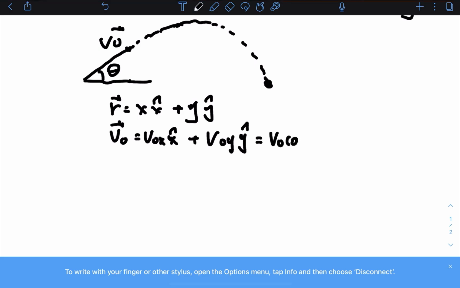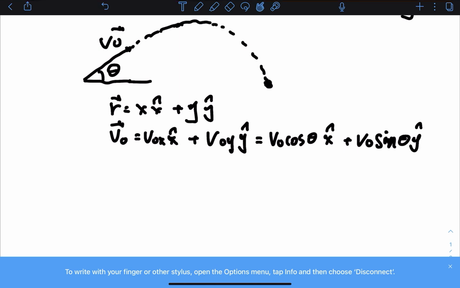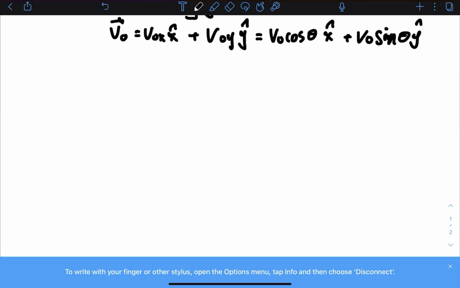So this is v0 cosine theta in x, v0 sine theta in y. And there's only one acceleration, the gravitational acceleration in the y direction.